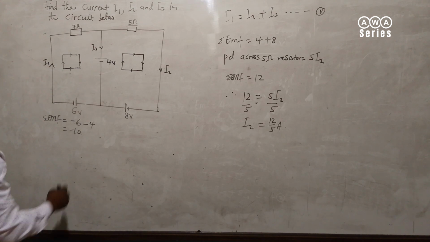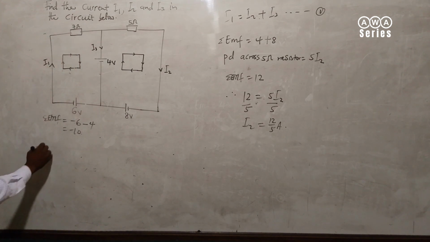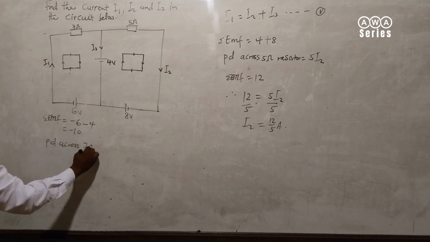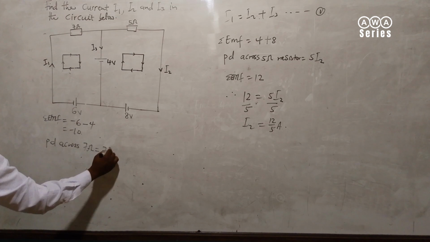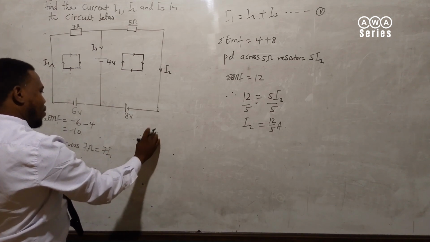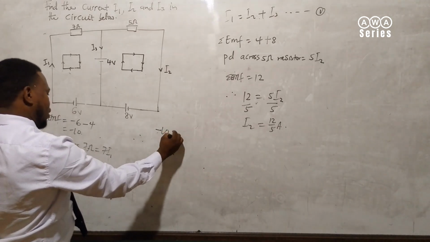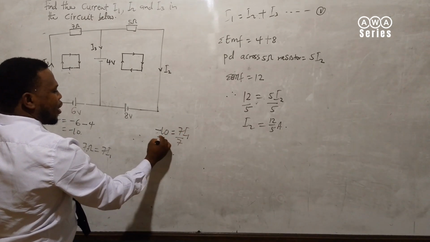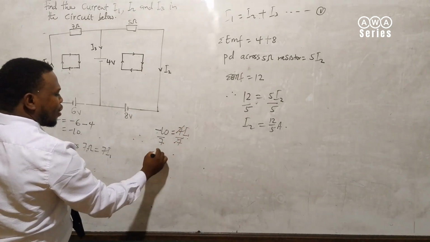Now the potential difference across the 7 ohms is equal to 7I1. Therefore, negative 10 is equal to 7I1. Divide here by 7 and here by 7. 7 will cancel 7.